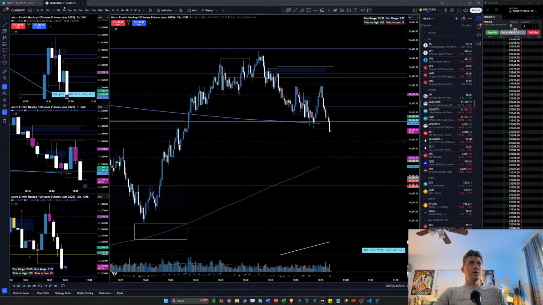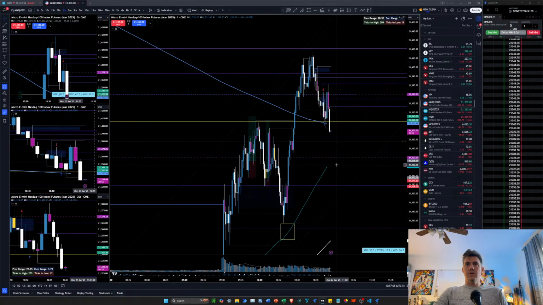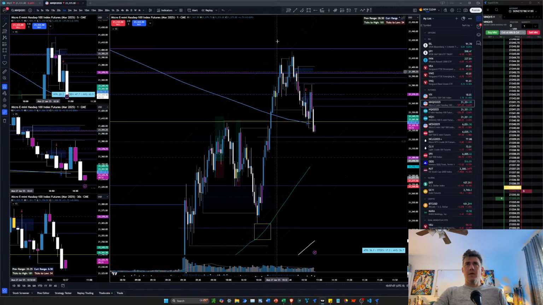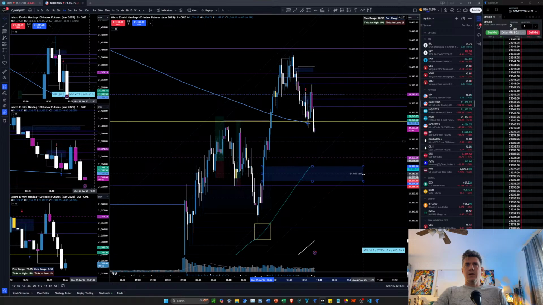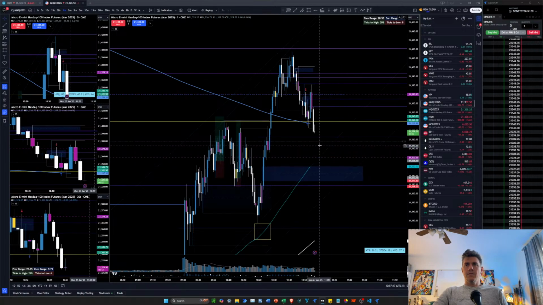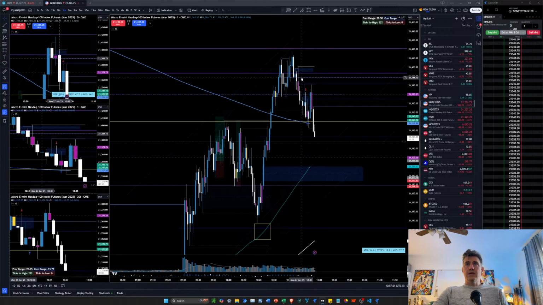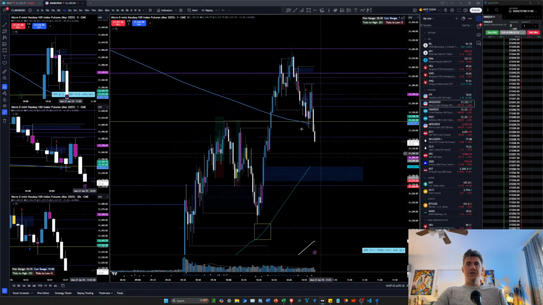Let's just see something right quick on the 1 minute. You have a fair value gap here, aka inefficiency. Price might want to revisit the bottom of this channel, 20 SMA, right?